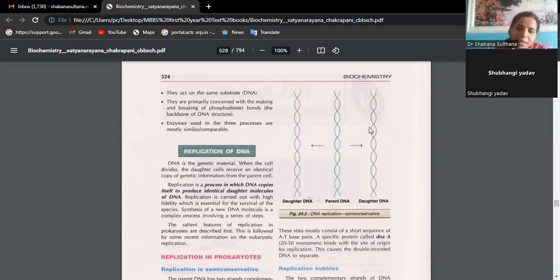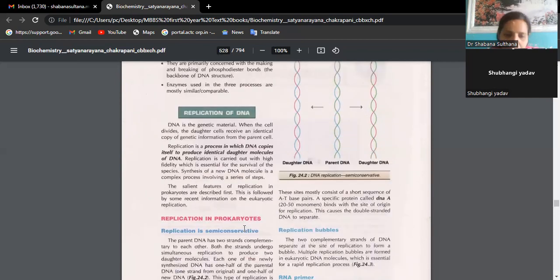So correspondingly, the base pairing starts and the daughter DNA strand is synthesized. So you can see from one parent DNA, two daughter DNAs are formed. Semi-conservative in the sense, half of the identity is coming from the parent DNA and the remaining half is synthesized based on the information which is brought by the parent DNA. That's what is called as semi-conservative mechanism, what we see in DNA replication.